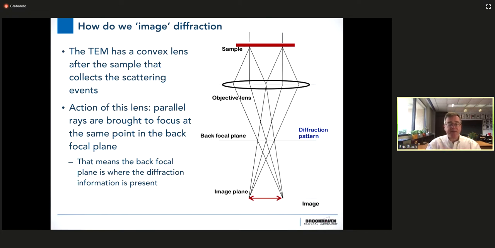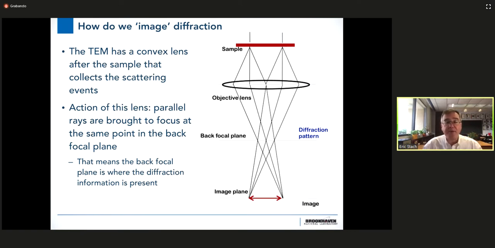To say this differently, every time you bring a parallel beam of electrons into a thin sample, some Bragg angles will be satisfied. Those parallel rays that come out as a result of Bragg scattering will get focused to a specific point in the back focal plane, and that's where we can see a collection of all the diffraction events.